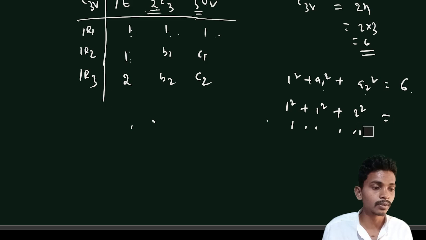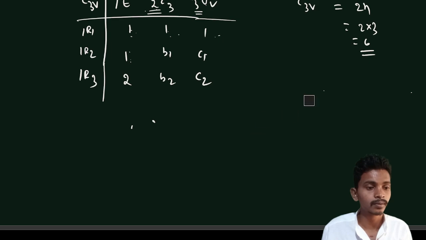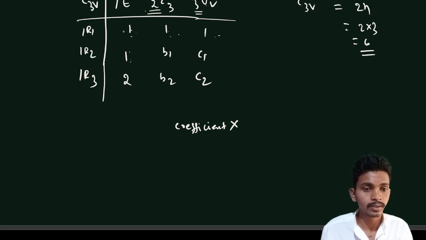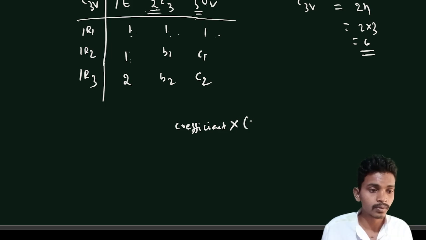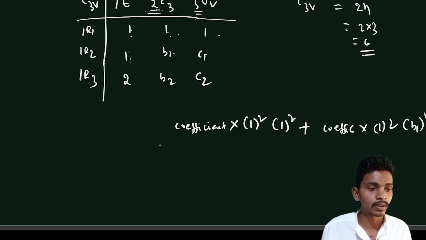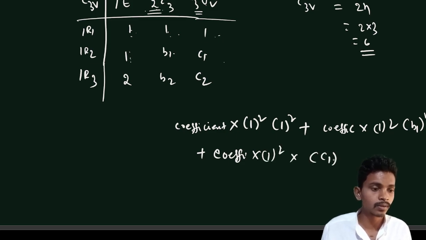Sorry, I have to review this. This is the first coefficient into whatever these values are, let's say 1 squared, and again 1 squared, summed. Then this 2 is the coefficient into 1 squared, and this is b squared, and the coefficient into 1 squared, this is c squared, and this has to be 0.